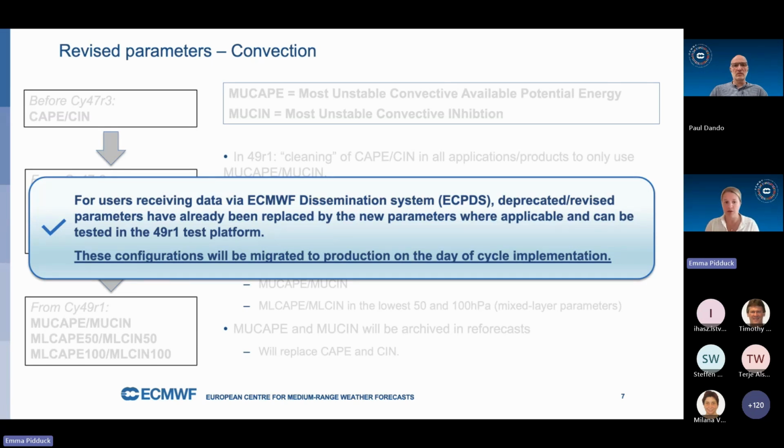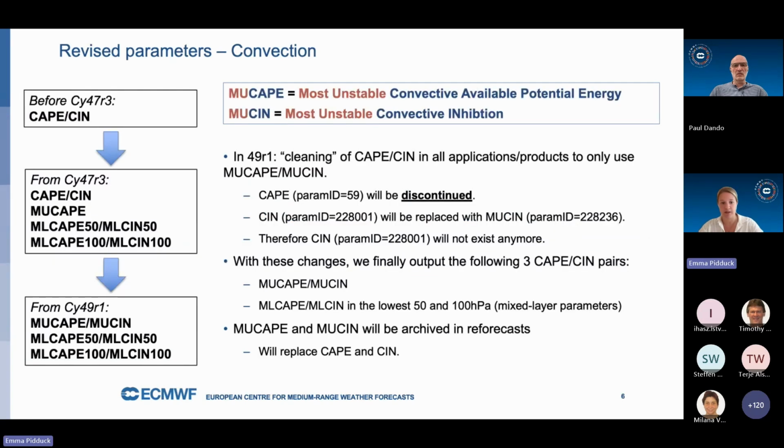So all you need to do is evaluate, test, and check that you're processing these correctly with the parameter ID. For Mars, you will need to switch parameter ID to get these. The other thing to point out is there are also mixed layer parameters for CAPE and CIN at 50 and 100 hectopascal. So you can use these, and they will be installable in the requirements very soon.